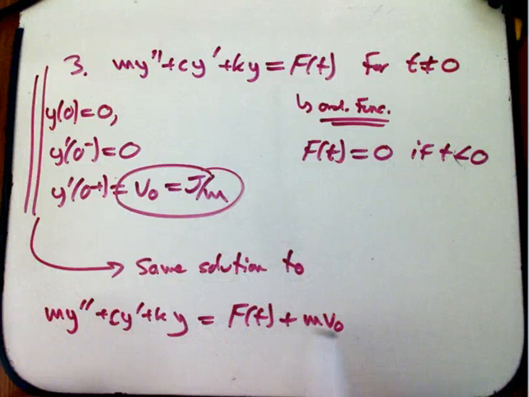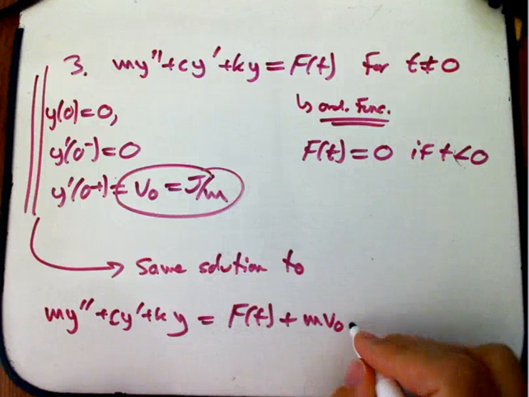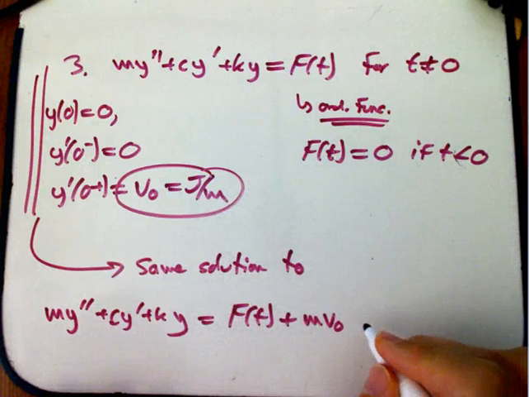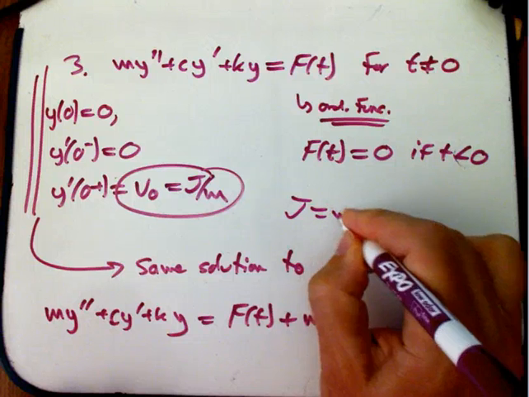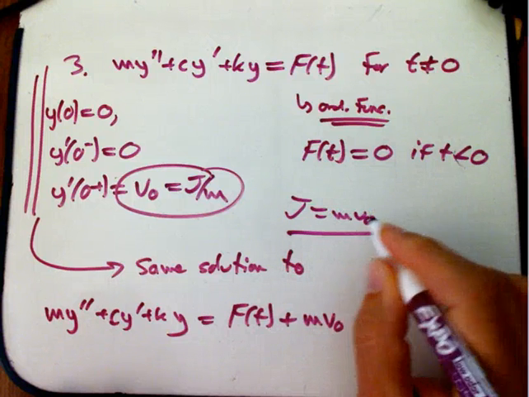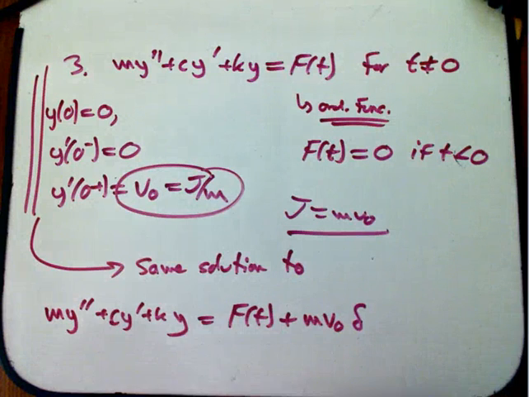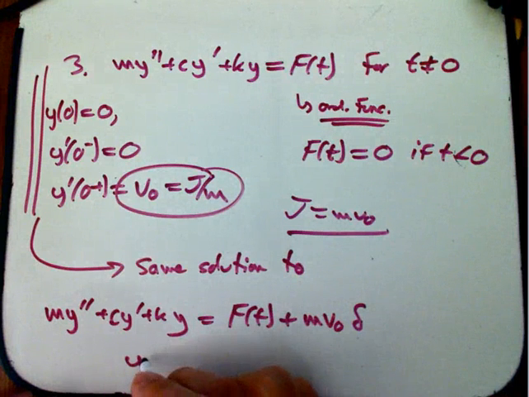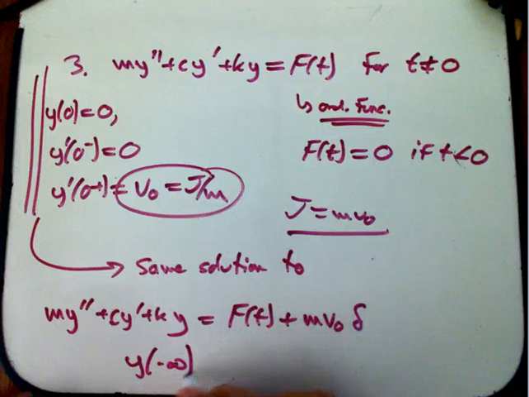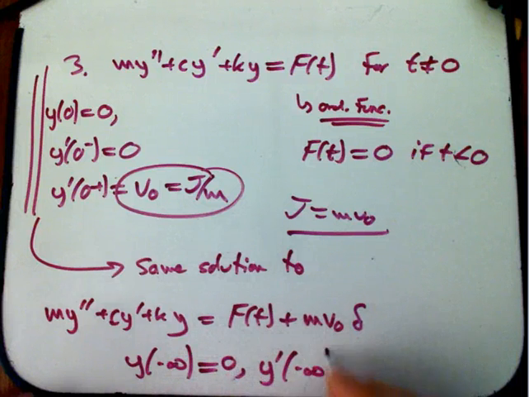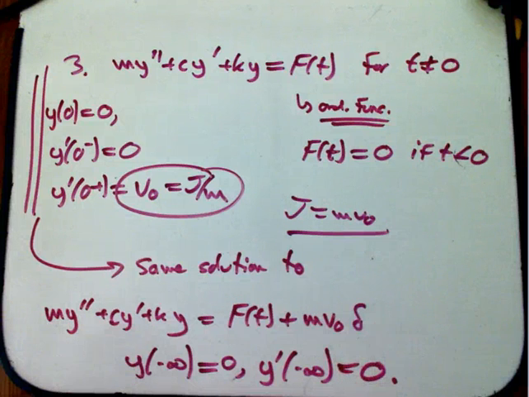Here I decided to write it in terms of v naught instead of J. No big deal, J is m v naught. You can think about it in terms of initial velocity or initial momentum. And I still need to say that nothing was happening in the past, and we'll just switch to this way of saying nothing was happening in the past.